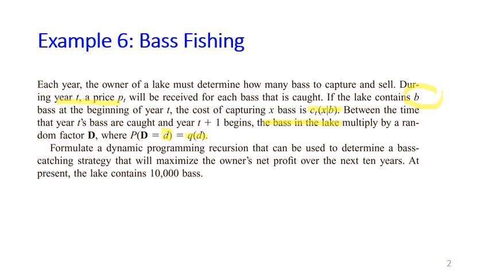So big D, you can think of this as the set of all possible values of D, and small d is just one instance, one specific value of the multiplication factor. Okay, so QD is the probability that the fish will be multiplied by small d.